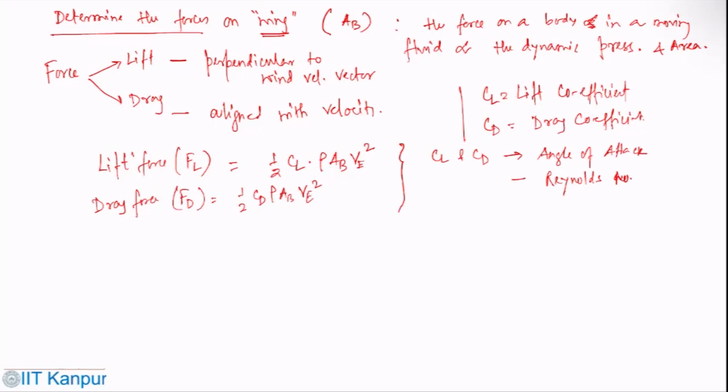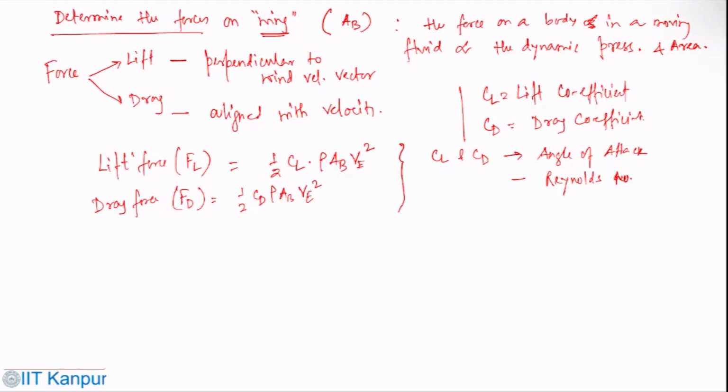Typically any good wing, you will expect to have less drag, high lift. Similarly, for turbine blades the same logic applies, where you expect more lift because the lift force is the force which allows the turbine to rotate, and you would expect as little drag as possible.